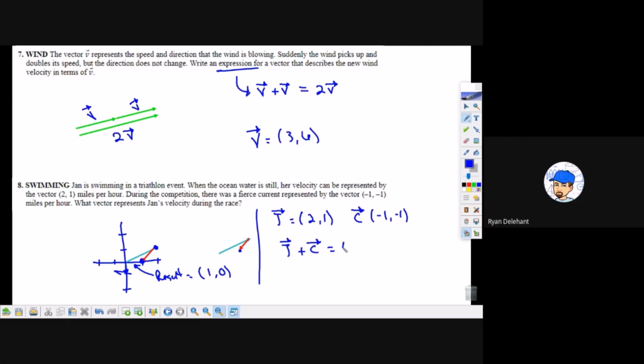So we would end up with 2, 1 plus -1, -1, which means the resulting vector, the way that she actually traveled: 2 plus a -1 is 1, and 1 minus 1 is 0. Could also represent it that way. I'm trying to tie the two things together because I think it makes vectors make a little bit more sense, guys.